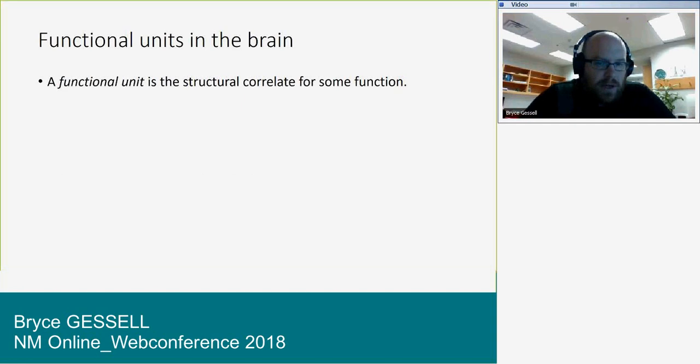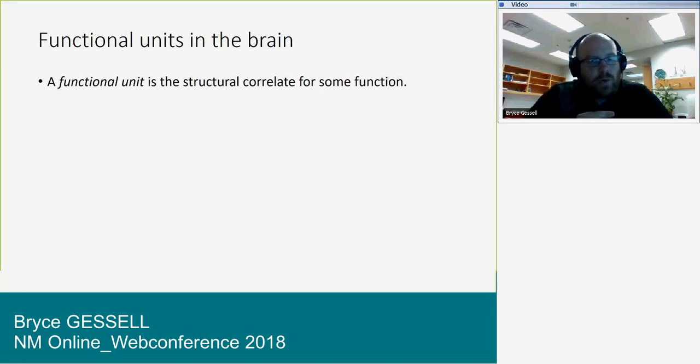So we want our definition of a functional unit to apply to many levels of organization, from neurobiology to functional connectivity networks, which we get from neuroimaging data. On more abstract network perspectives, the units don't have a definite physical anchor, and networks don't always have well-defined nodes, for example. So we can't always count on networks or other structures in the brain to have clear morphological substrates.